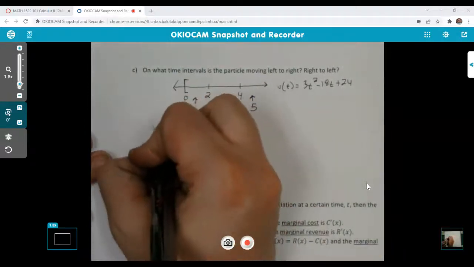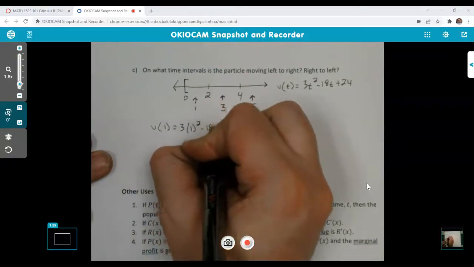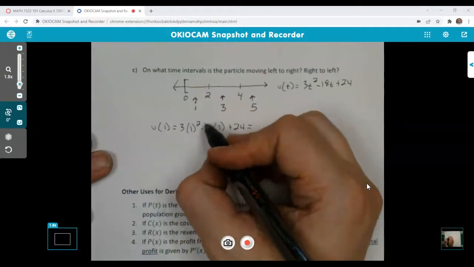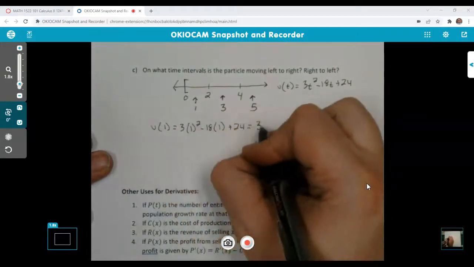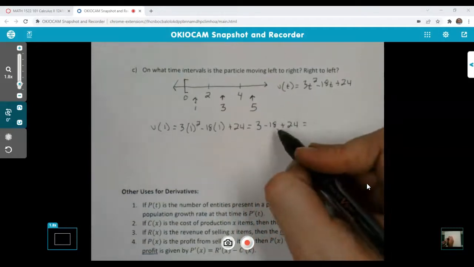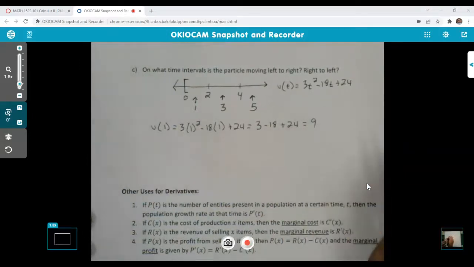The velocity at 1 would be 3 times 1 squared minus 18 times 1 plus 24. 1 squared is 1, times 3 is 3. Negative 18 times 1 is negative 18, plus 24. 3 minus 18 is negative 15. Negative 15 plus 24 is 9.